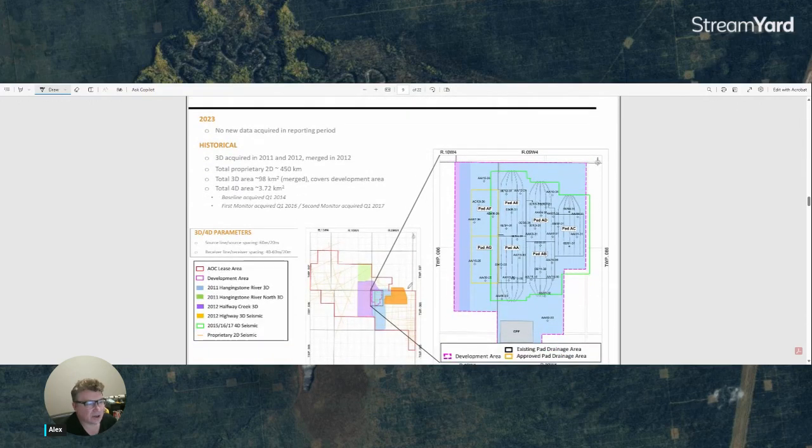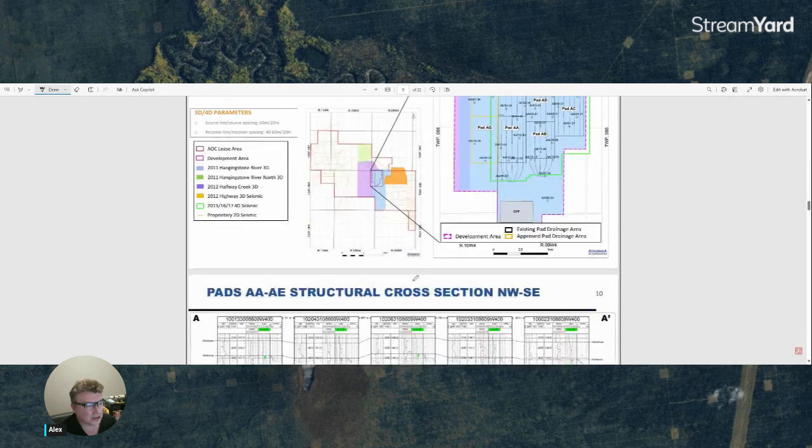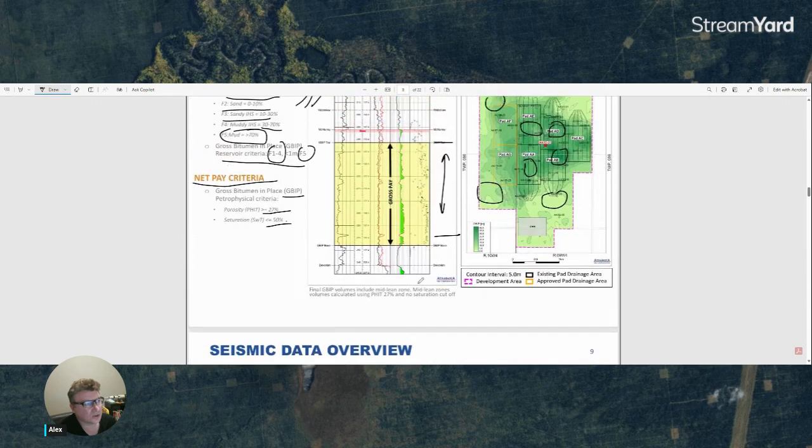So this is the seismic overview, where they take seismic and look at the section of what's going on. Not really going to go over it, but historically they acquired 3D seismic in 2011, 2012 to better understand the asset. Basically they did the seismic to understand the geology and what's in place, in addition to coring the asset.